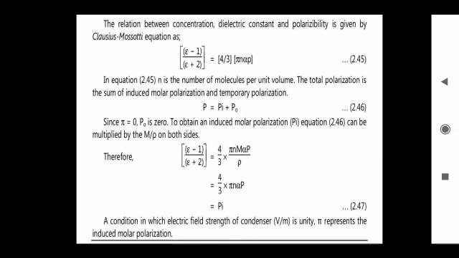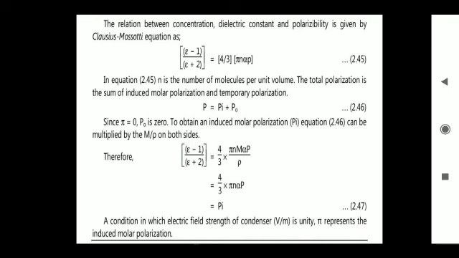The relationship between concentration, dielectric constant and polarizability can be given by the Clausius-Mossotti equation. The Clausius-Mossotti equation can be expressed as: epsilon minus 1 divided by epsilon plus 2 is equal to 4 by 3 pi n alpha rho.